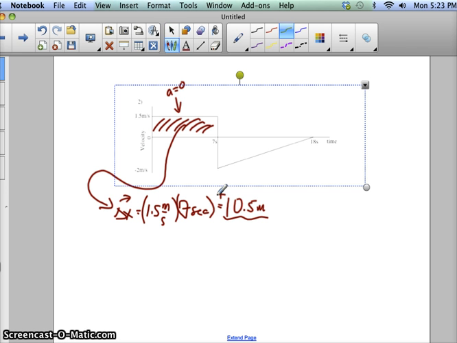Okay. Looks like I have an acceleration from 7 to 18 seconds. So for that acceleration, this number looks like negative 2 meters per second. So my change from negative 2 meters per second to 0 is going to be 0 minus negative 2 meters per second.